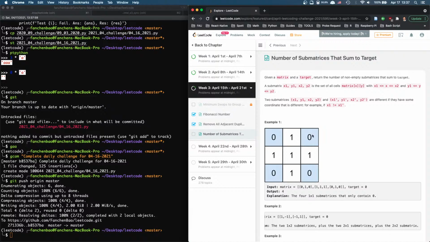How many can we include, including this? That requires us to know the cumulative sum from this point going back. Even if we know the value, we still have to go through them to calculate.